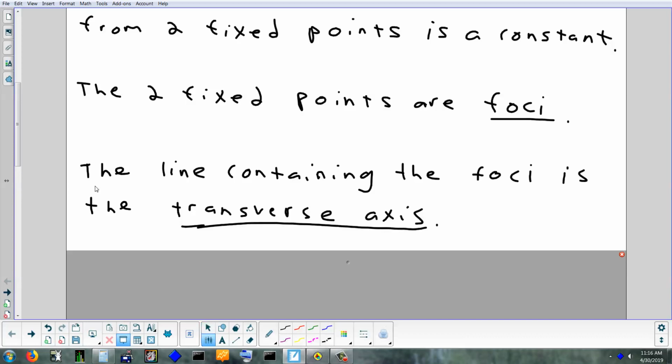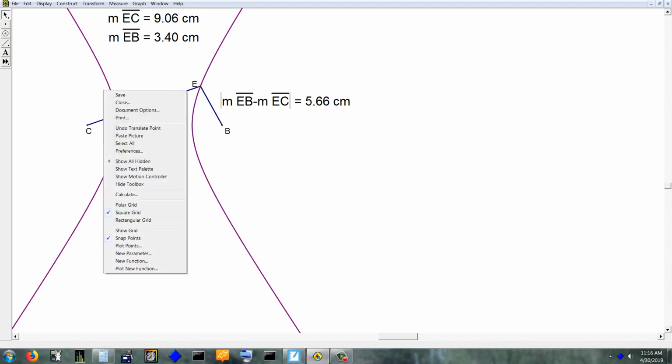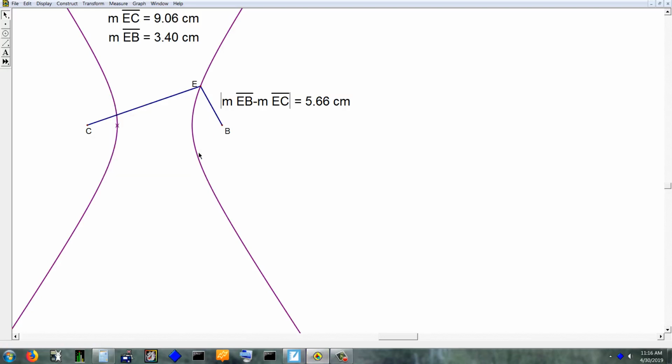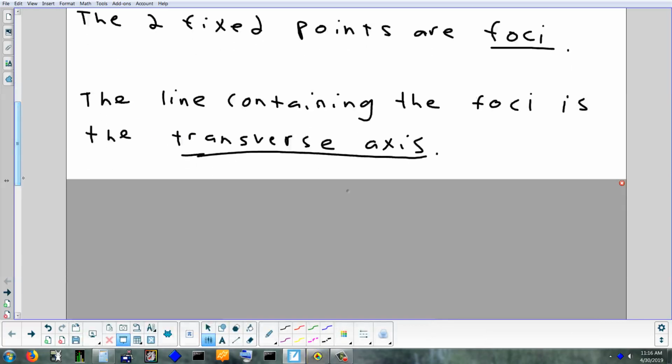Like if I said, okay, we're going to traverse that canyon, we're going to go from one side to the other. Well, the transverse axis goes from one side to the other. It goes from one of the purple curves and connects over to the other one. Think of it as a bridge. It connects one side to the other. It traverses. Transverse. So the transverse axis is taking the place of the major axis.